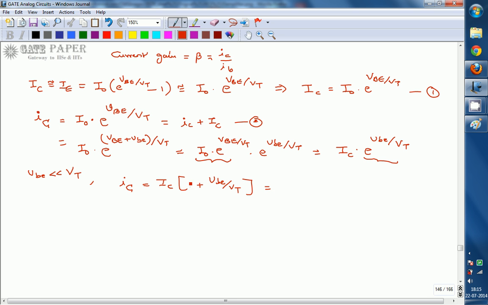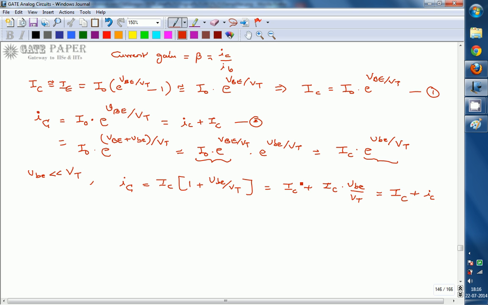So if you are going to make it, IC can be taken inside, IC plus ic into VBE by VT can be written. So this is nothing but from the second equation. This is the total instantaneous collector current, that can be written as the sum of DC collector current with AC collector current.